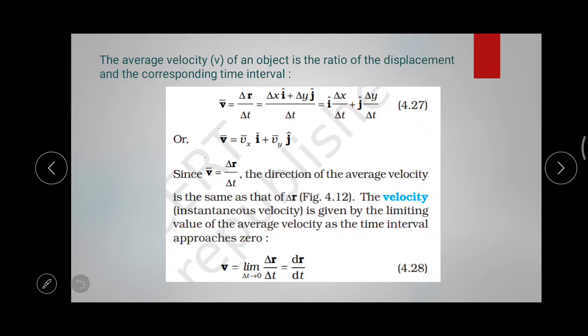Delta x was x dash minus x, and delta y was y dash minus y. Now we are not going for the individual components, we are just considering delta x and delta y.